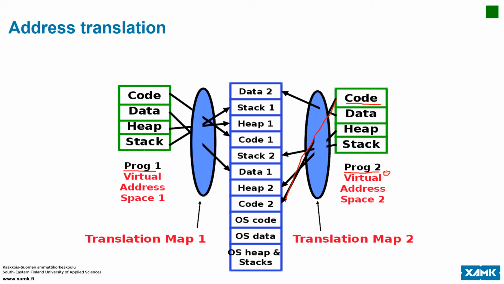So for example, here the virtual code segment for process 2 is here in the beginning of its memory space, but actually when it's mapped, it turns out it resolves to a page that is actually the last one of everything that you see here in this picture.